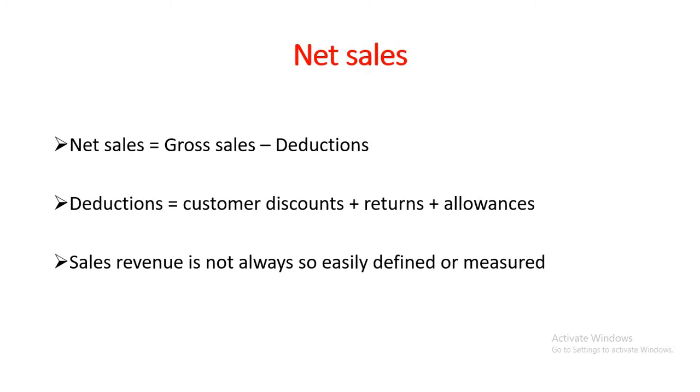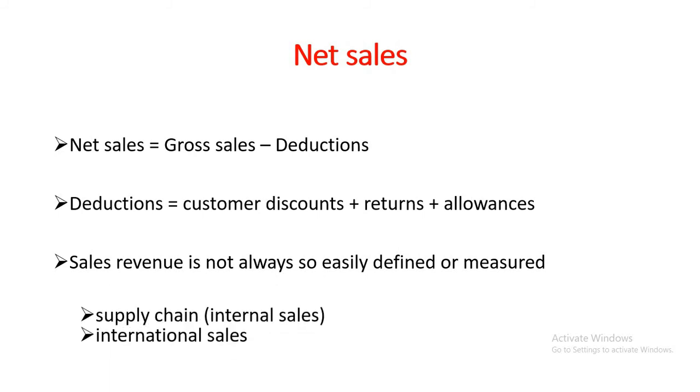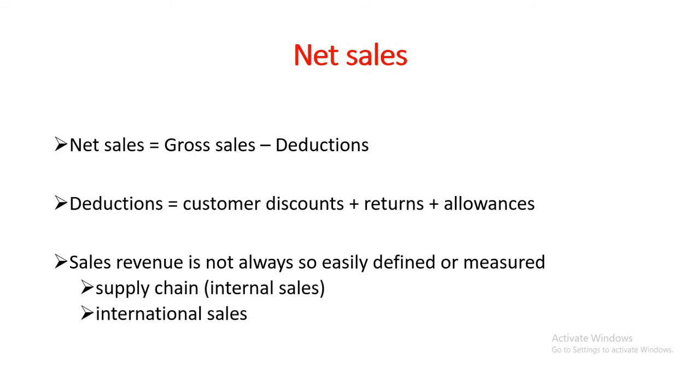However, sales revenue is not always so easily defined or measured because many companies have vertical business lines, and in this case it is really difficult to find out the sales which have been generated internally.